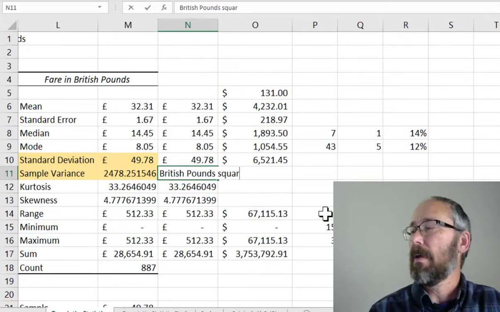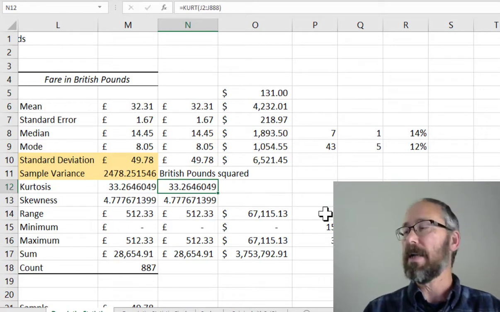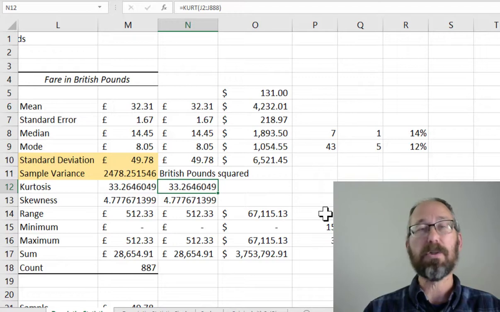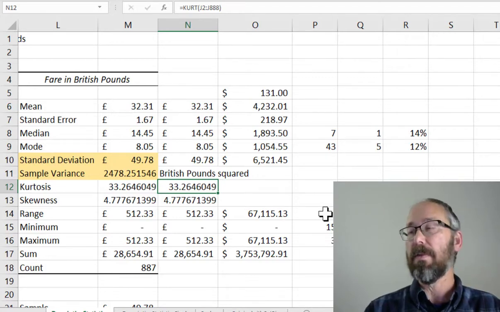Oops. Could put the 2 there, but we'll just write it as squared. That's actually the units that the sample variance or the variance is in, and in this case it's a sample variance. So you could certainly calculate that. There is not an Excel function to calculate the variance. Okay.